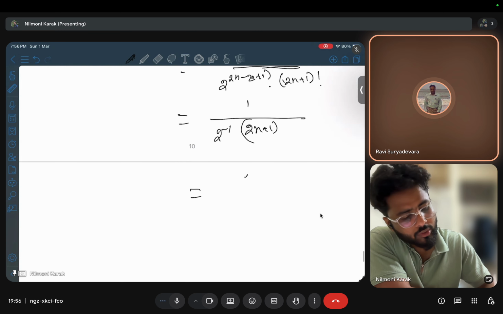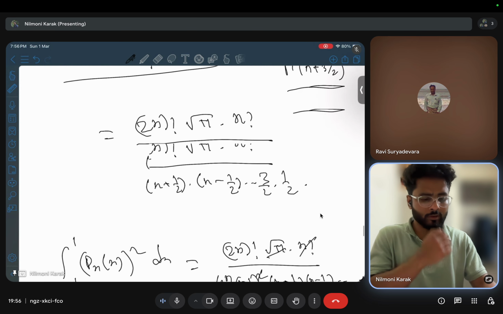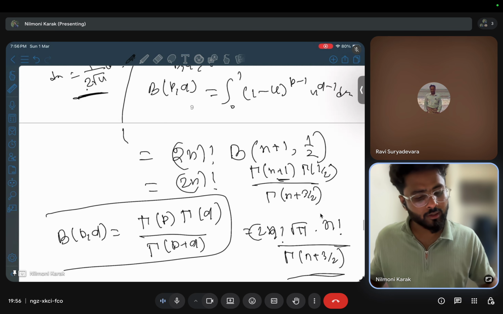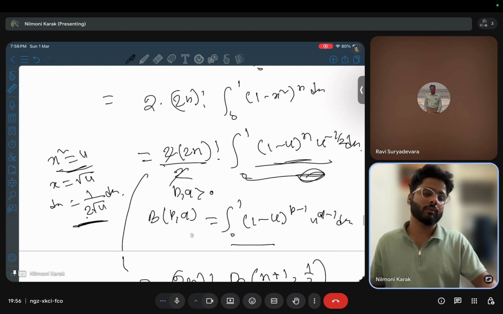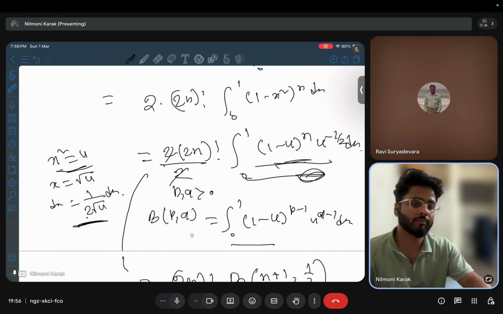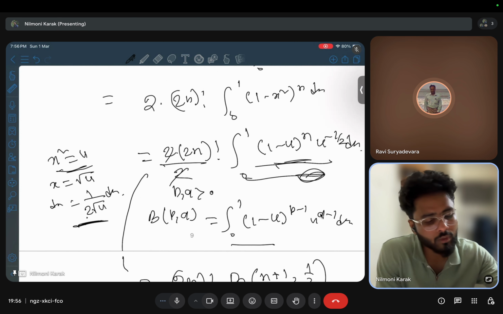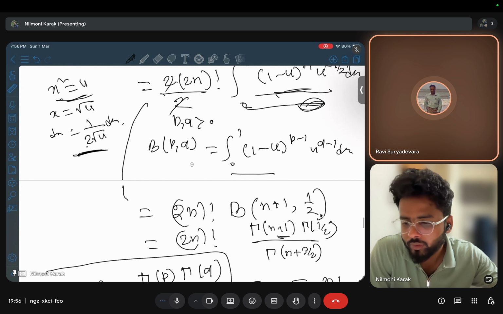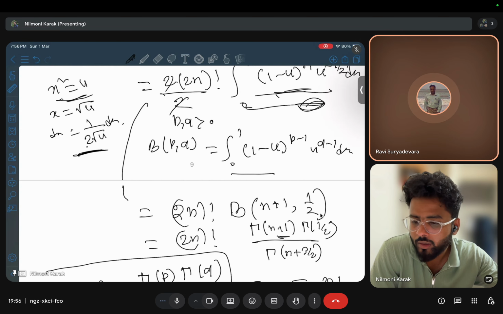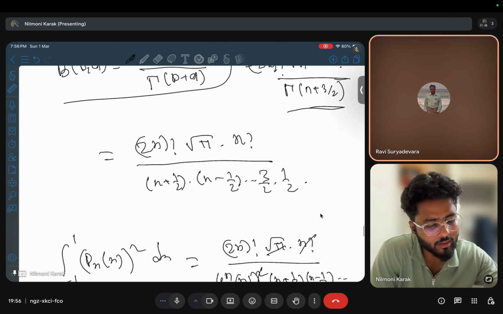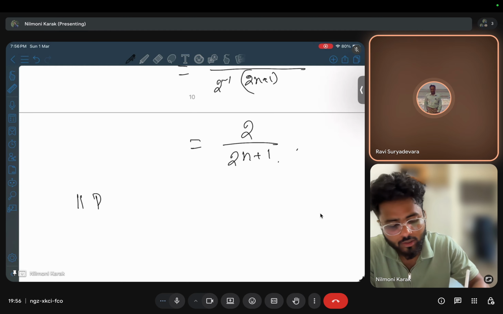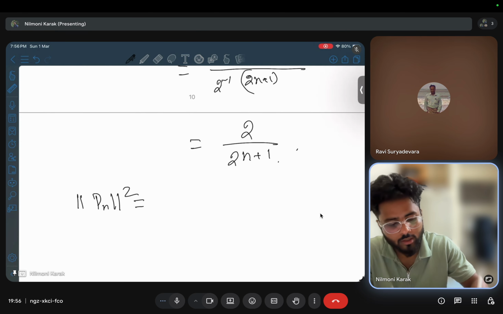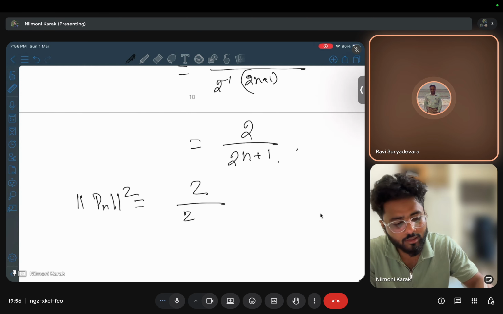So for calculating, we are representing this as a beta function. So finally we are getting the result.